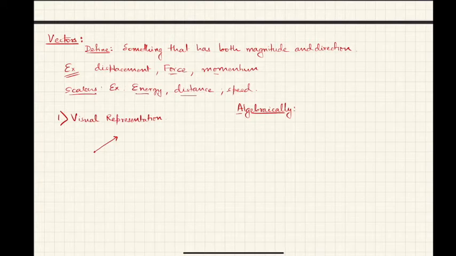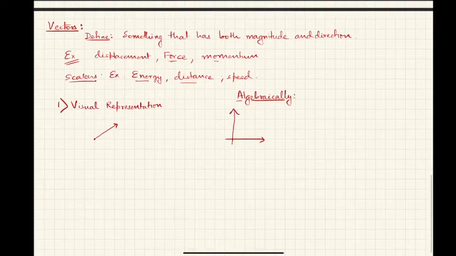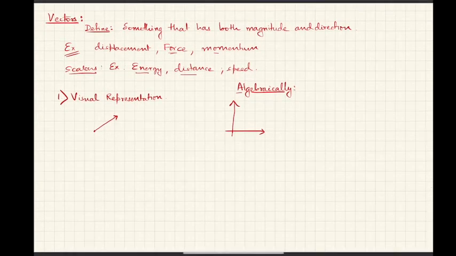So I will just quickly go over the possible different ways you might see a vector. But in order to define a vector algebraically, I need to define a coordinate system. I need to place it in a coordinate system.